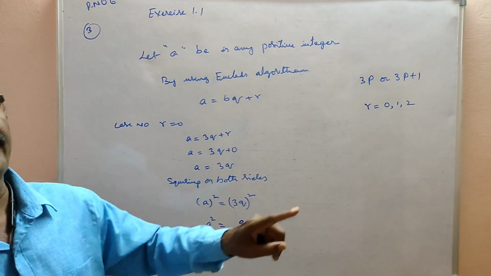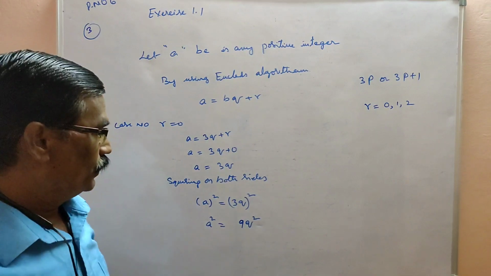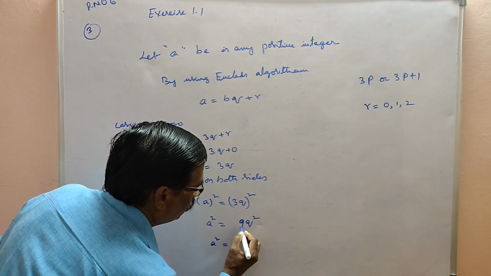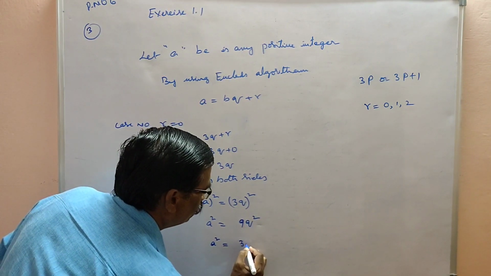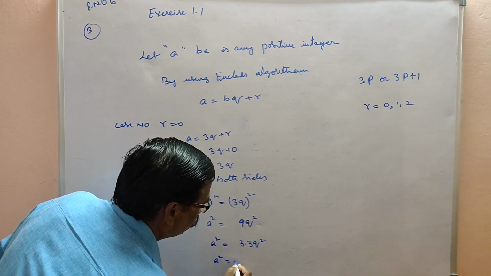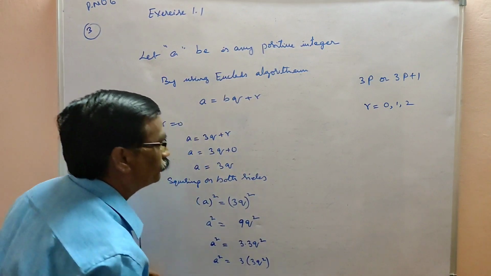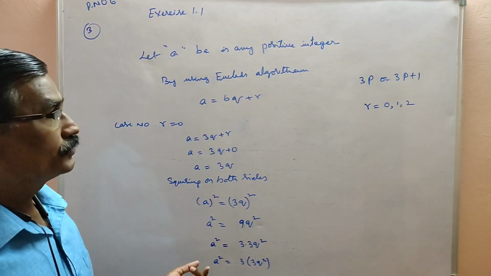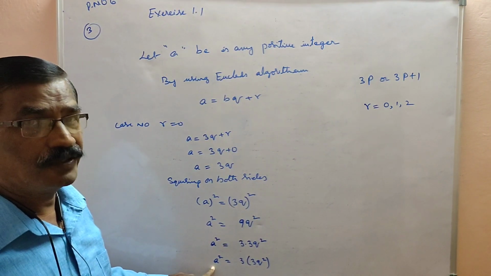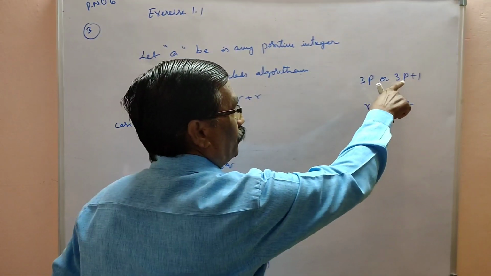But what we want is to show that it is in the form of 3p or 3p plus 1.